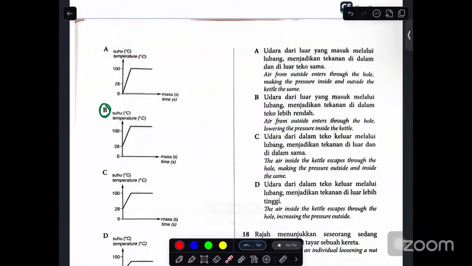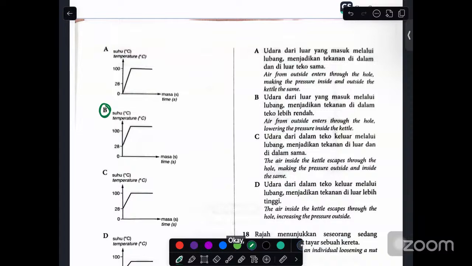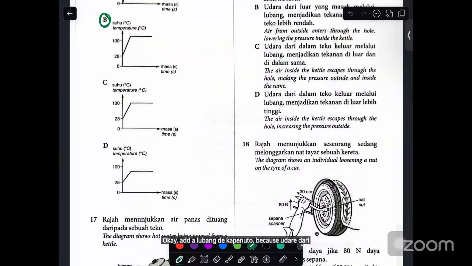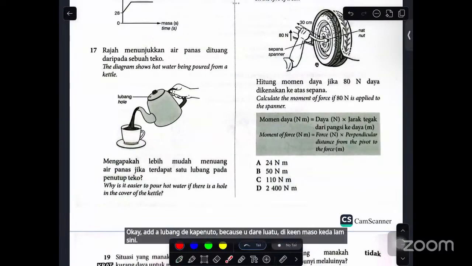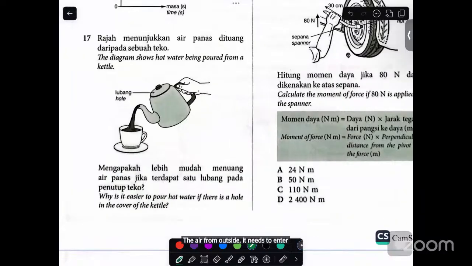Udara dari luar, udara dari dalam teko keluar melalui lubang menjadikan tekanan. No, no, no. Okay. Ada lubang dekat penutup because udara dari luar tu dia kena masuk ke dalam sini. The air from outside, it needs to enter here.